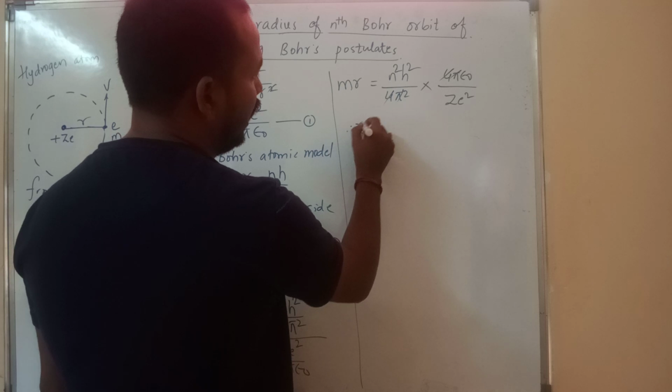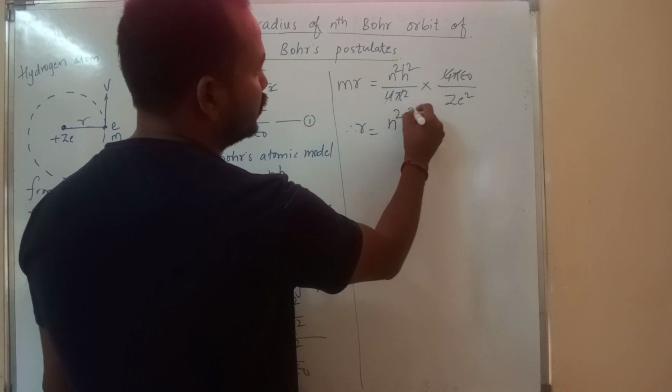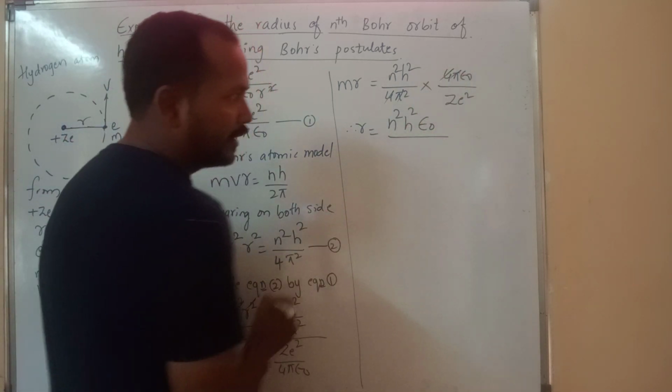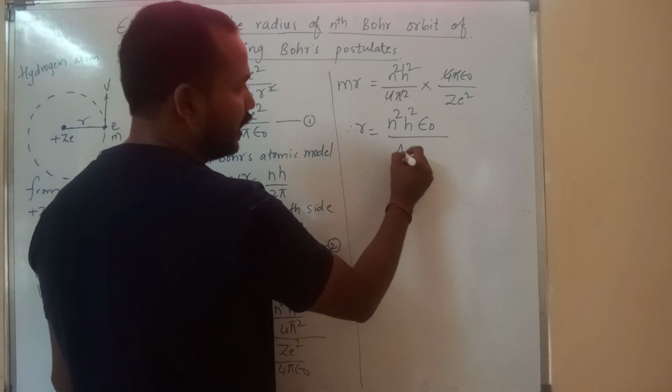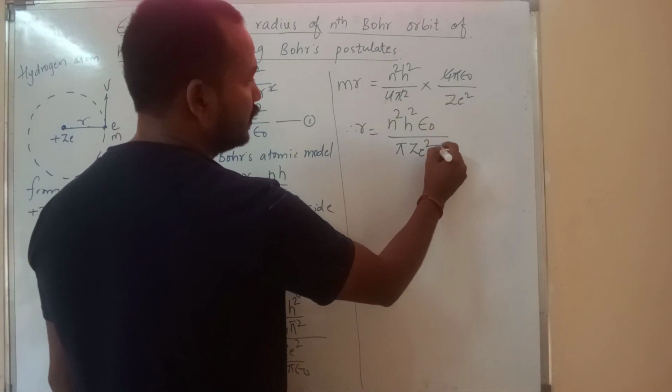Therefore r is equal to n square h square, correct? And here what remains is epsilon naught divided by pi, Ze square, and m.